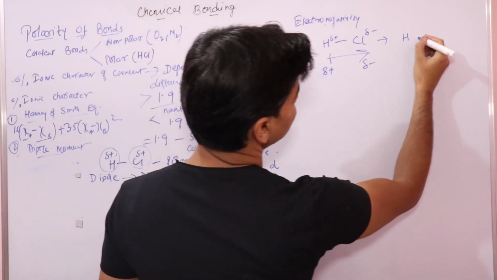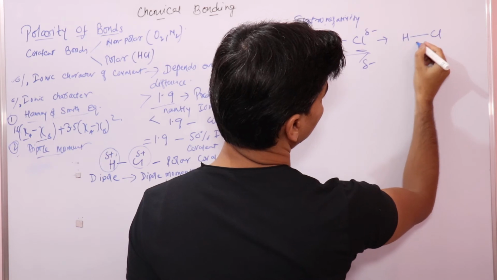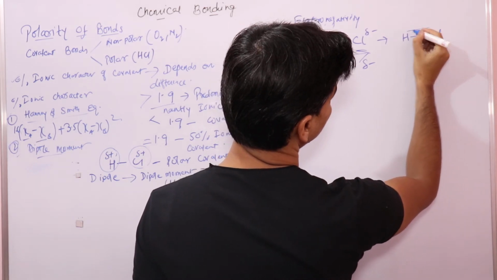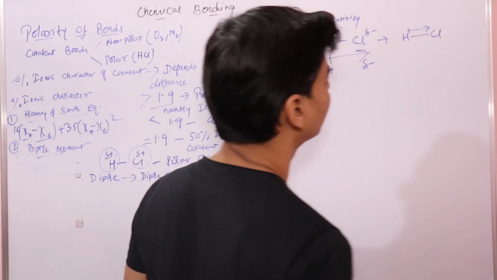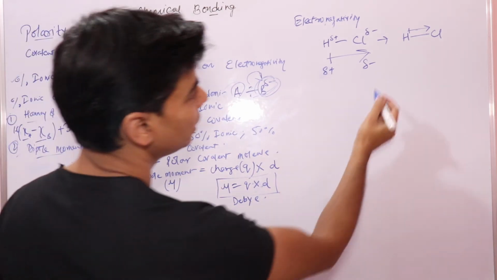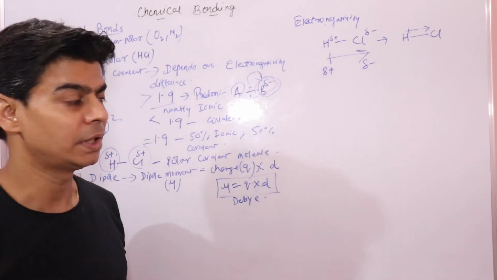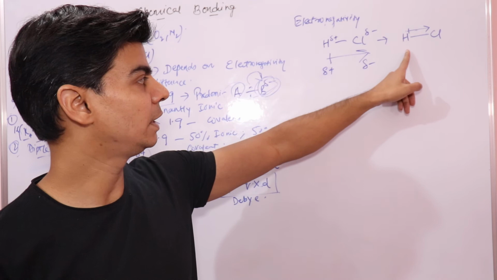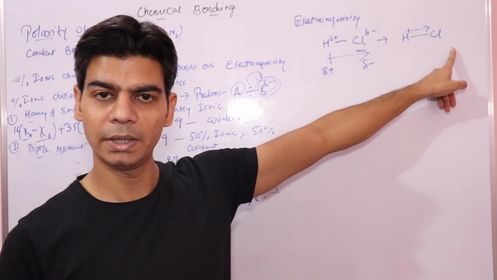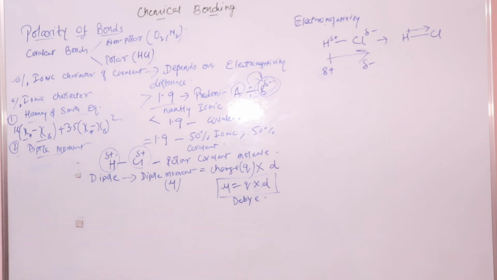So if I want to show the dipole moment here, it's like this. This is how you show dipole moment, from the electropositive element towards the electronegative element. There is a crossed arrow from electropositive element to electronegative element. This is how dipole moment is represented.